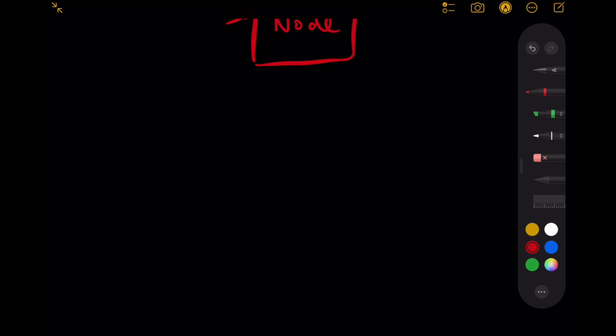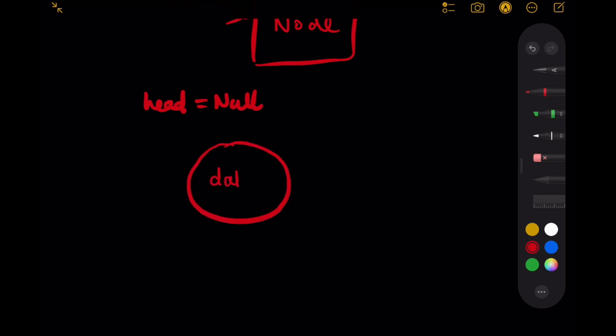So now let's try to understand the insertion and deletion operations in the linked list. Let's first try to insert an element in an empty linked list. When the linked list is empty, the head is obviously equal to null because there's no node and head is not pointing to anything. So we initialize a new node with data and ptr is pointing to this new node.